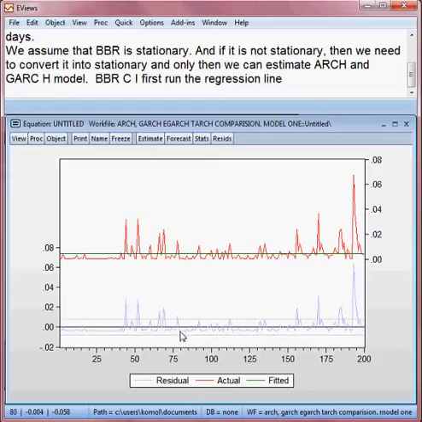And again from 75 until 150 days, the fluctuation has gone down for a long period. Again, from 150 days until 200 days, the fluctuation has gone up.